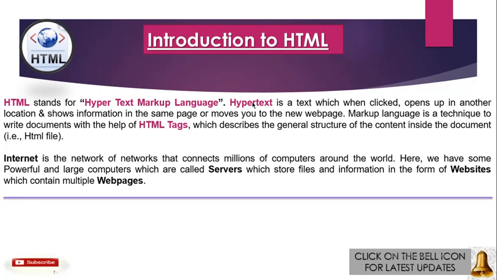When you click on those words, you are redirected to another new web page, which consists of some other information relating to that word or text. So that particular text is known as hypertext. Clear? Okay, so next move to markup language.